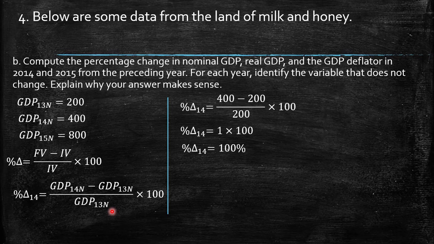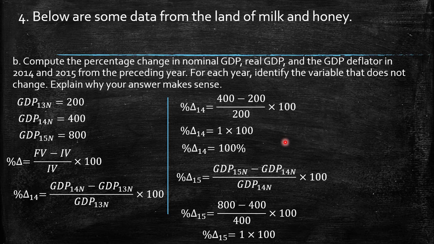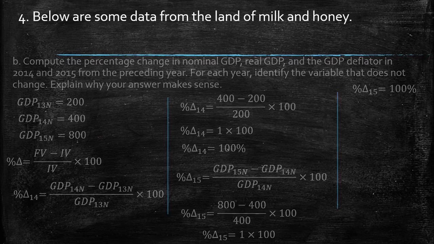Naturally, you see here that there was an increase of 100% from 400 compared with 200. Then for 2015 it is exactly the same, just 2015 minus 2014 over 2014, and then you have 800 minus 400 over 400, and this time again exactly 100%. You see here an increase, double. So anytime you have double quantity, this is like a 100% increase.